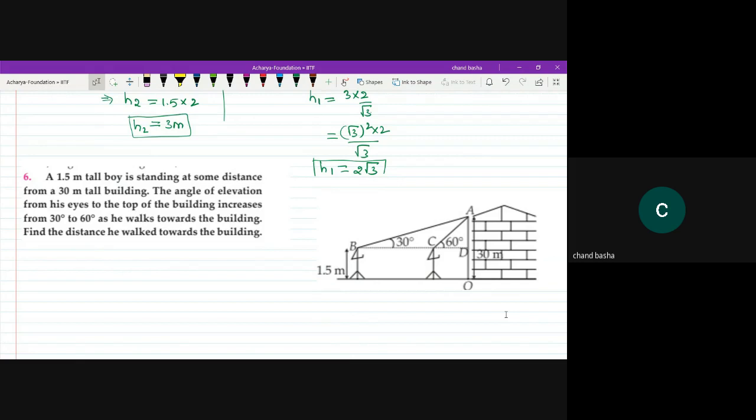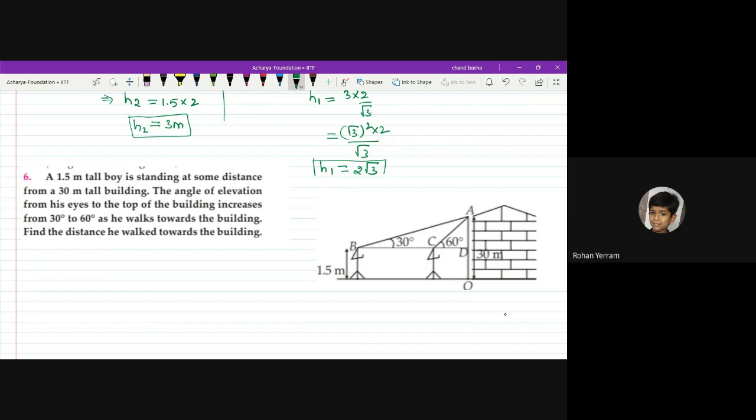It should be 30 meters. A boy's height is given to you, 1.5 meters. And this 30 meters is given to you. So we should use tan, sir. Yeah, the tan function. Yes, sir.